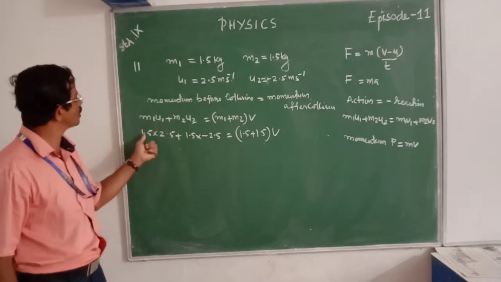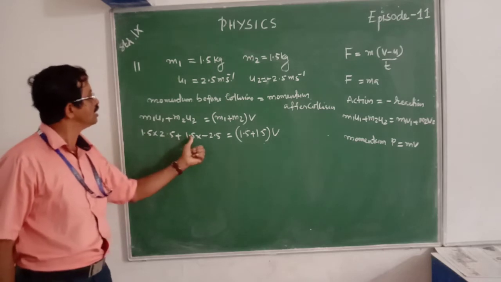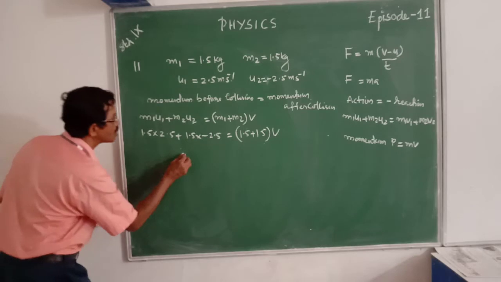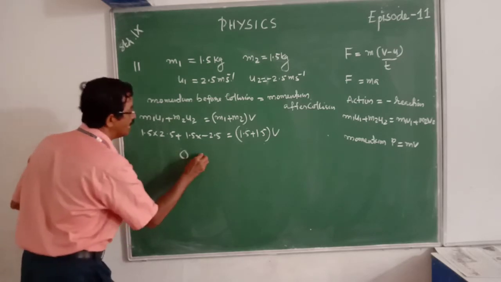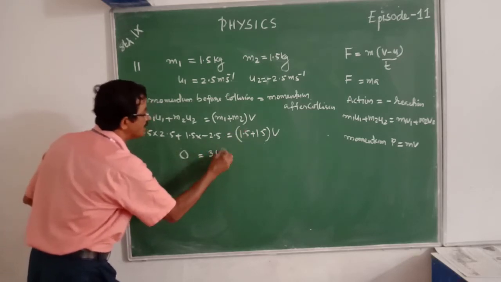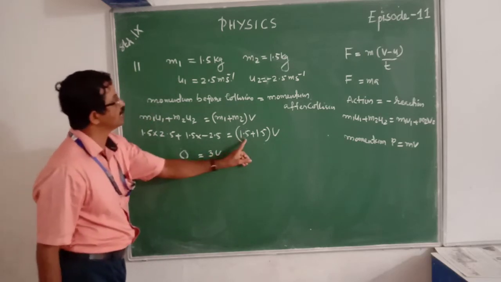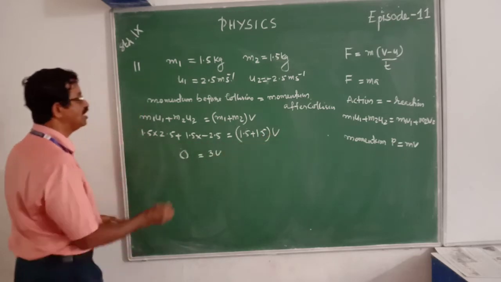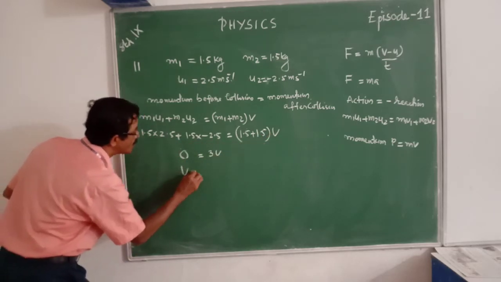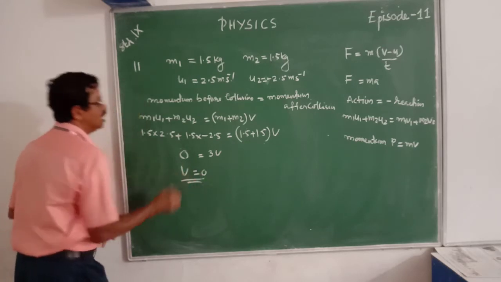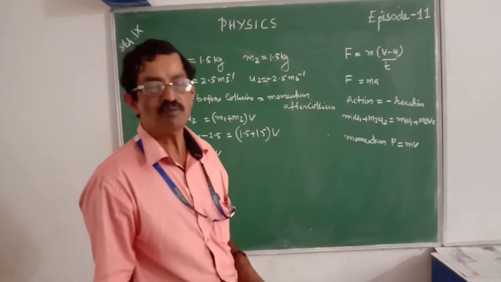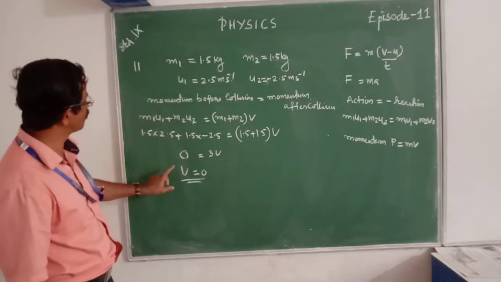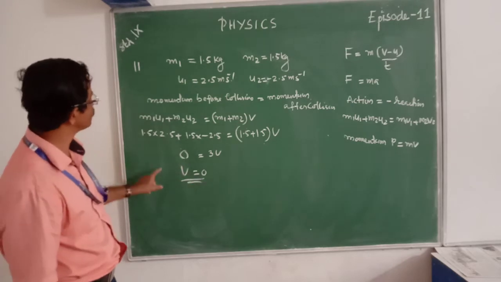So by taking the product of this one and the product of this one, together they give 0. So here 3v is equal to 0. Adding 1.5 and 1.5, we get 3, and into v, we get 3v is equal to 0, or v is equal to 0. That means after collision they are not moving. This we conclude from this observation.